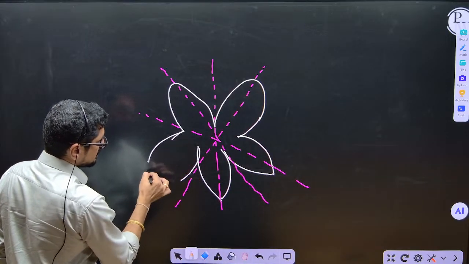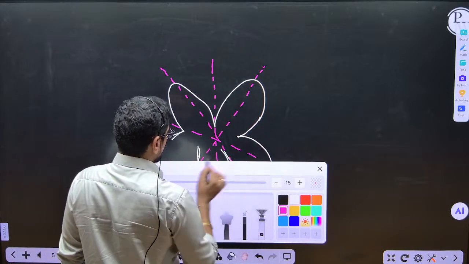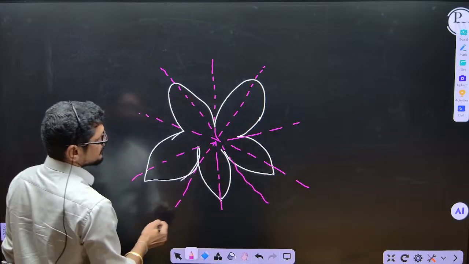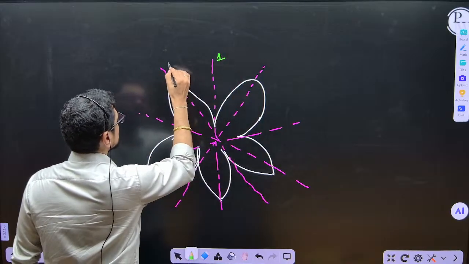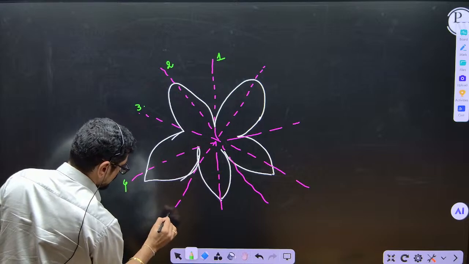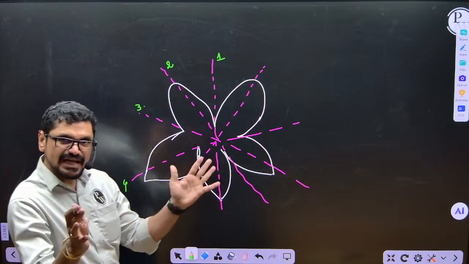Why hurry? I'm there. Don't worry. And this as 5. See, I will give the numbers. This is number 1. This is number 2. This is number 3. This is number 4. This is number 5. So in 5 directions, you can cut the animal into 2 equal halves.